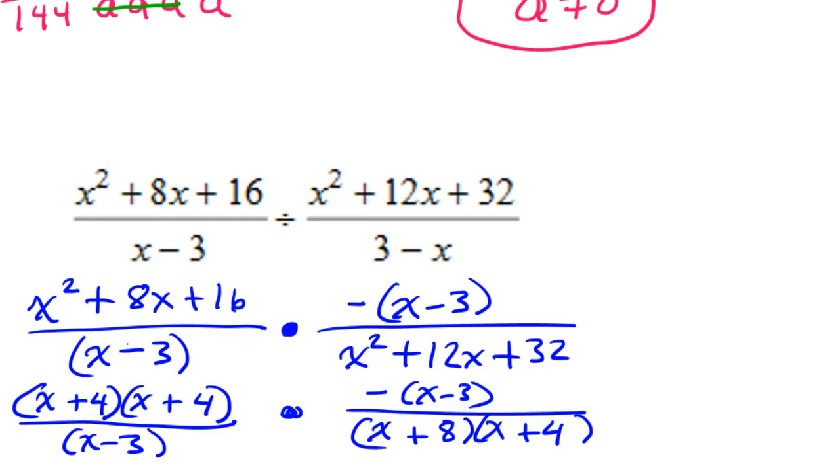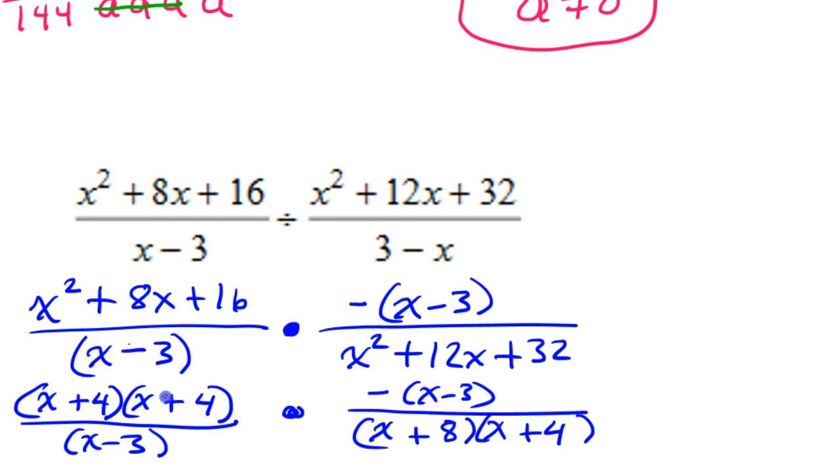Okay, now before I get too carried away, before I start canceling everything out under the sun, let's talk about restrictions. Remember, when you're doing a division problem, the restrictions, the excluded values, come from 3 places: here, here, and here.